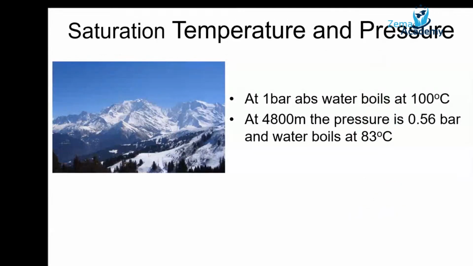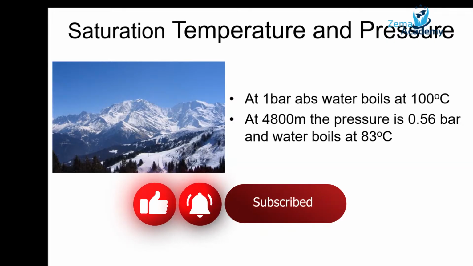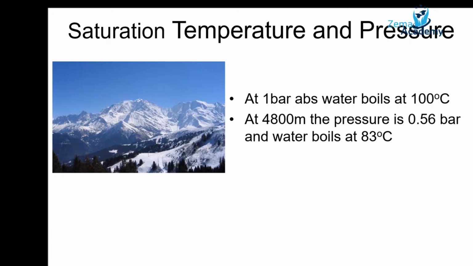For instance, if you take water and try to boil it at, let's say, 4,800 meters, at a pressure of 0.56 bar, the water boils at 83 degrees C. So as you can see, not 100, the one that we always say; depending on the pressure, water can also boil at 83 degrees C. What I wanted to highlight here is the relationship between pressure and temperature, and that is critical in any refrigeration system that we will look at.